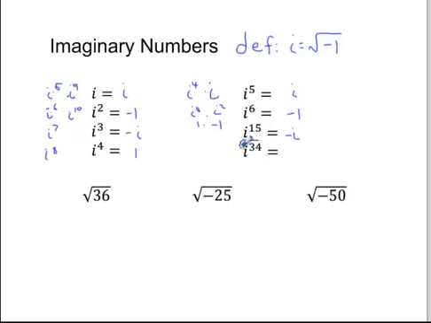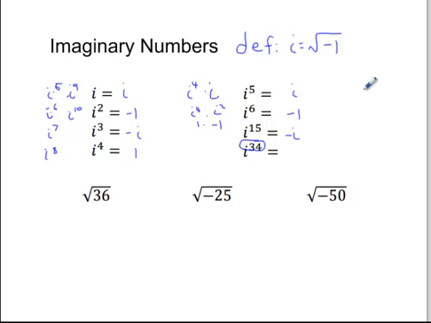Well, what happens if that number gets a little too big to count? You really want to count out 34 numbers and try not to lose one or make a mistake? One thing that would keep you on track is that if i has an even power, it's either 1 or -1, and if it has an odd power, it's either i or -i.